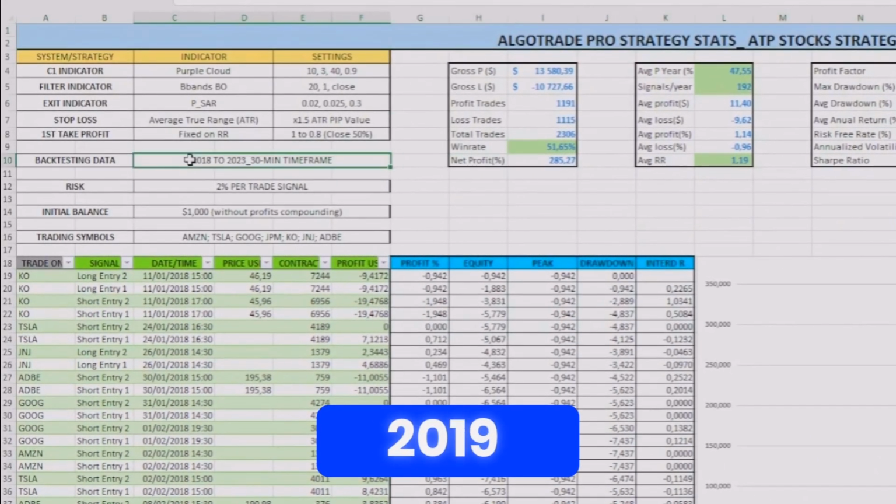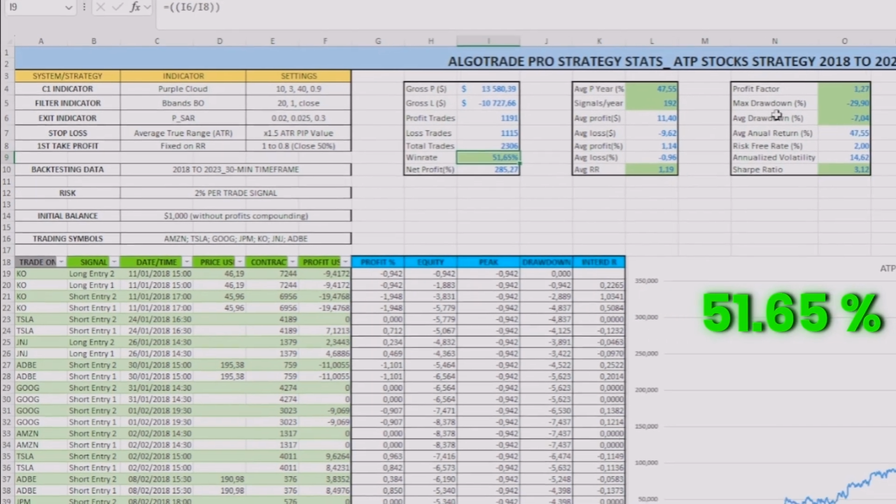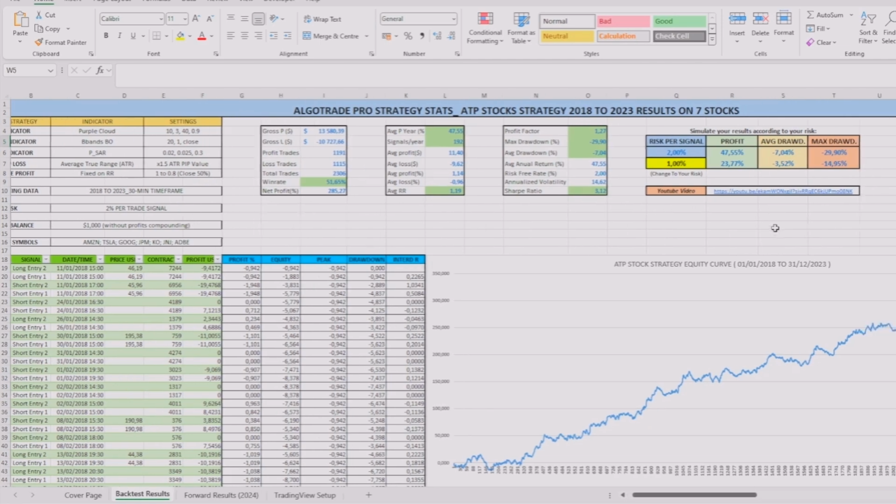Over the last 6 years, since 2018, this strategy has shown a 51.65% win rate with a profit factor of 1.27 and a Sharpe ratio above 3. And by trading only 7 different stocks, it achieved a return on investment of 47% every year by taking only 192 trades per year, which is the same as 16 trades per month.